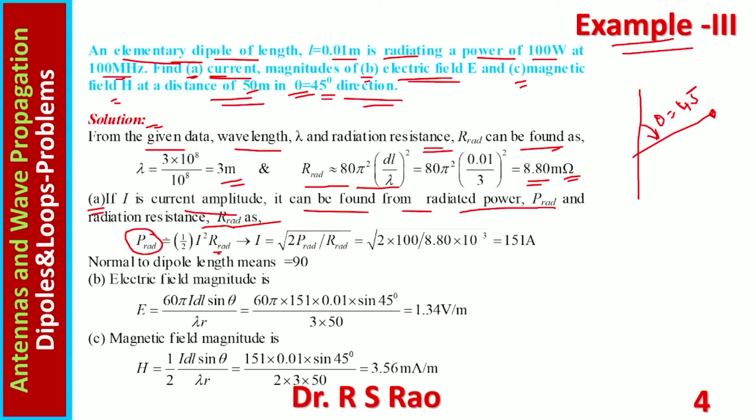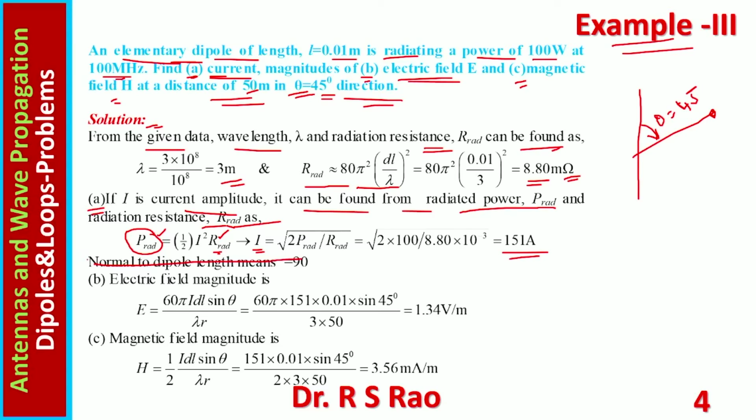Now radiating power is available. Radiation resistance is available. Current can be determined without any difficulty. In the present case, it turns out to be 151 amperes.